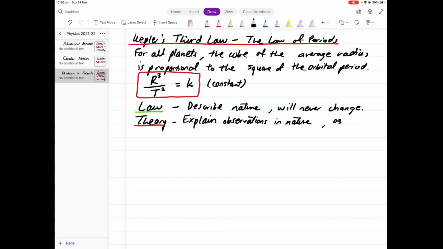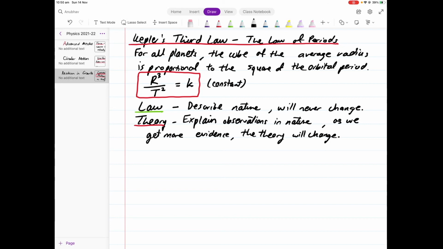And as we get more evidence, the theories will change, because we will either support the theory or go against it. Which is why, if you remember at the start of this lesson, I talked about the two models, geocentric and heliocentric. They weren't laws, they were theories put forward by people.